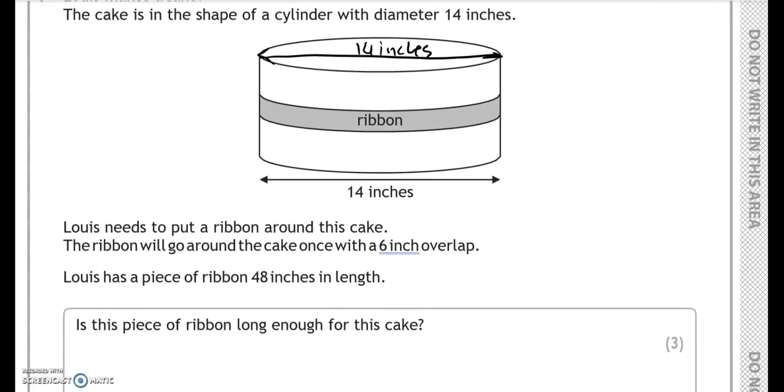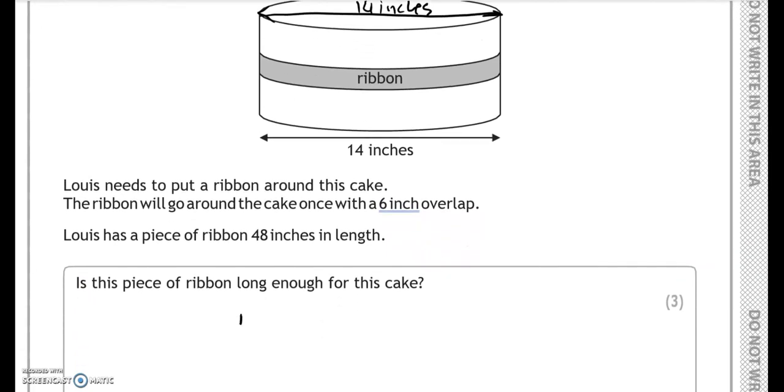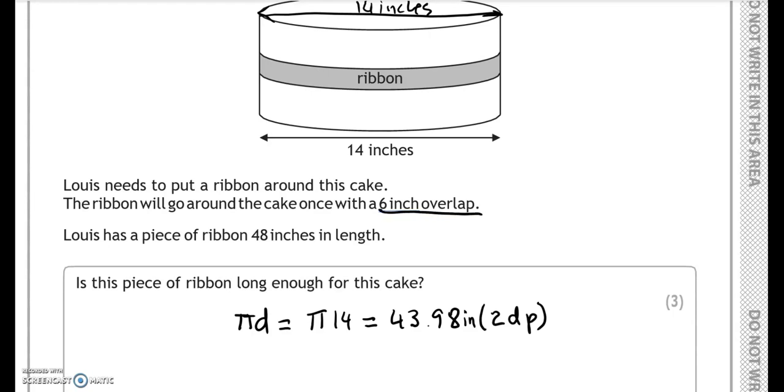So we're going to work out the circumference, which is pi lots of the diameter, and that is pi lots of 14, or 14 lots of pi, which is equal to 43.98 to 2 decimal places. That should be inches. And we've got to add the 6-inch overlap.